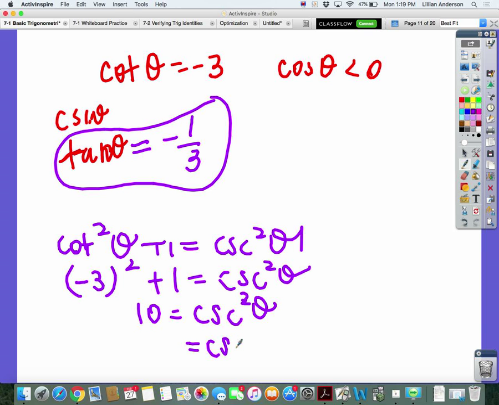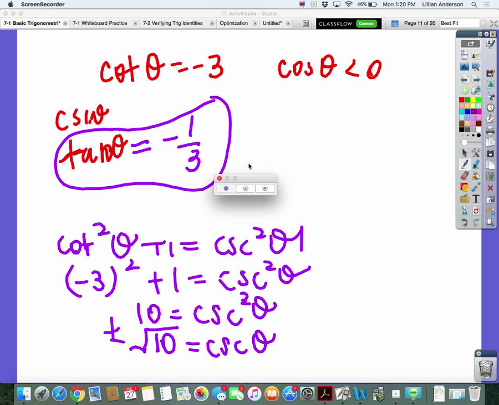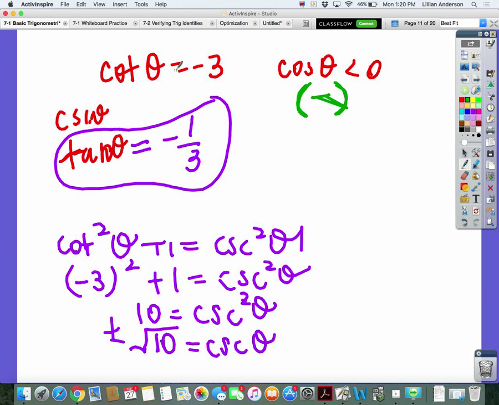So then cosecant theta, once I take the square root, is going to be plus or minus the square root of 10. Okay, now you have to decide whether it's going to be a positive square root of 10 or a negative square root of 10. Well, since cosine is already negative because of the stipulation and cotangent is negative, that means that sine has to be positive in order for it to be a negative cotangent.